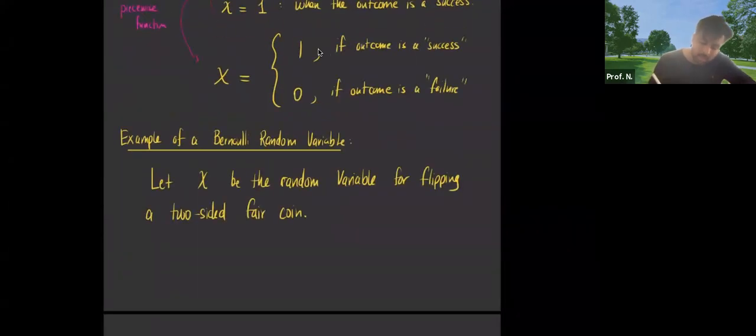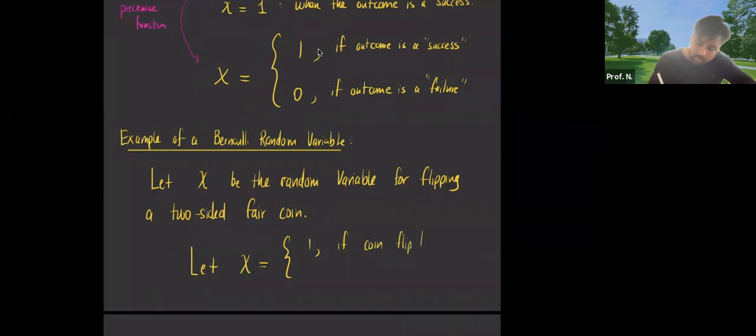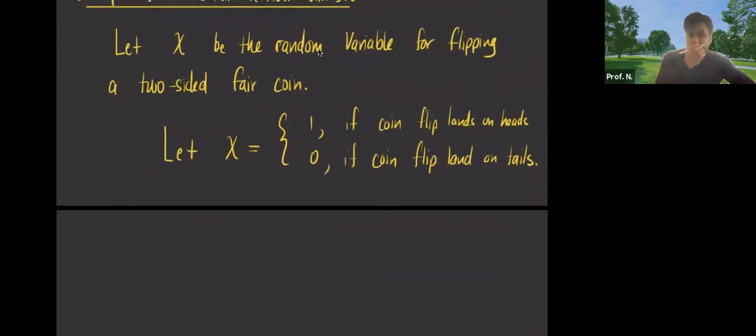And let x equal 1 if the coin flip lands on heads, and 0 if the coin flip lands on tails. So that's the way we define it.